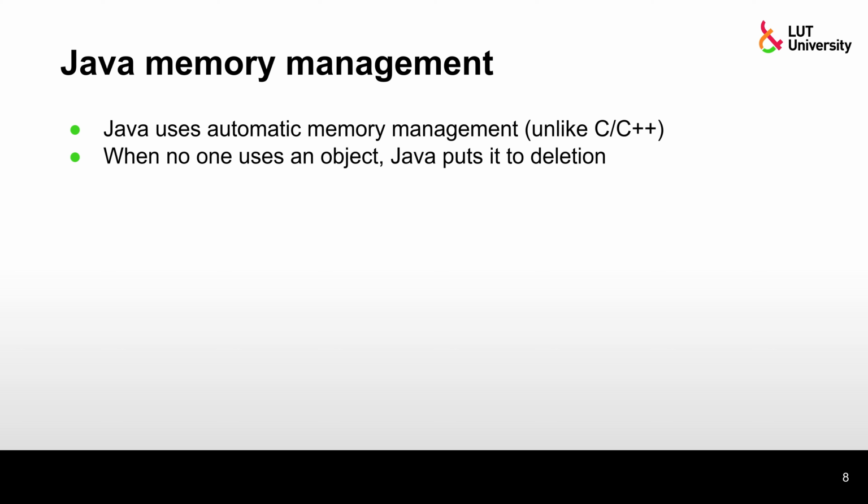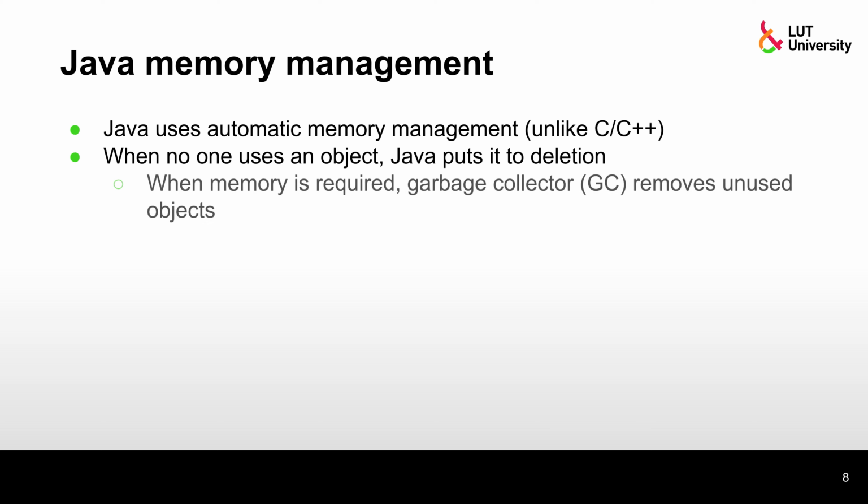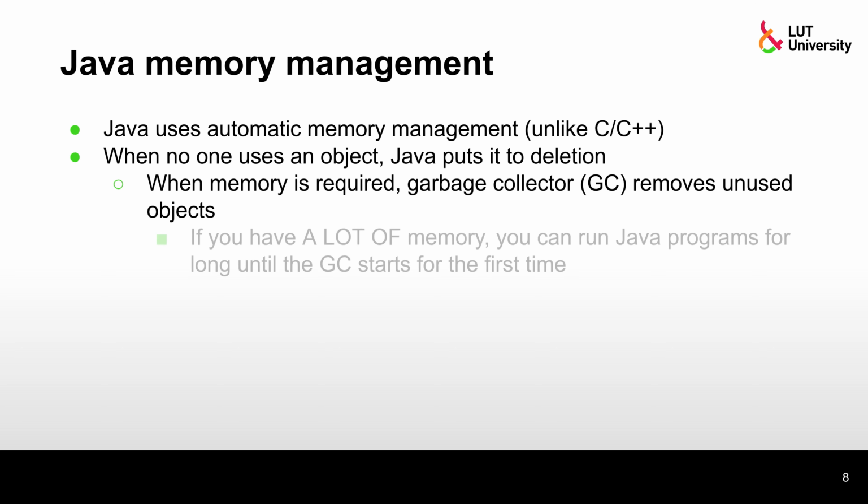And if you have, let's say, a rocket object, and then there is a case that no one is using that object anymore, then Java puts it into deletion. And when there is a need for memory, you need more memory, then the garbage collector removes unused objects. So this rocket gets written off from the memory.